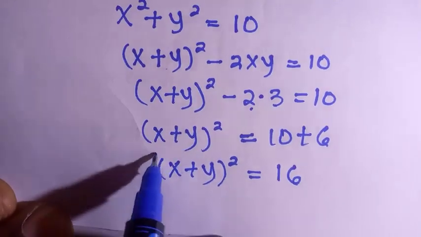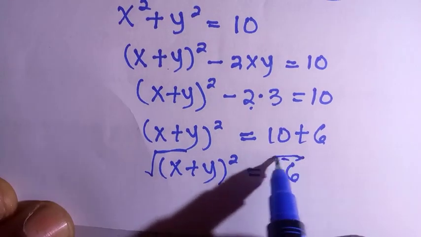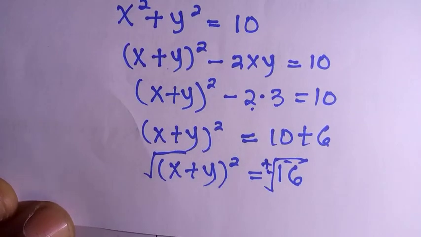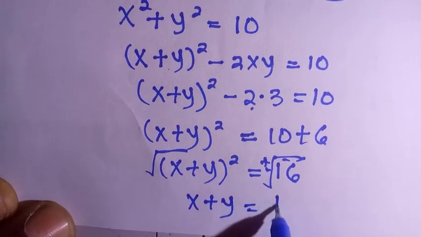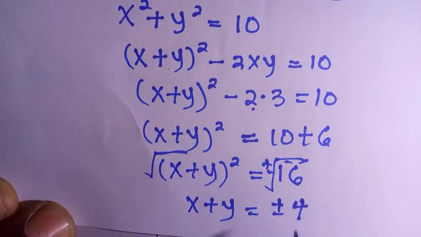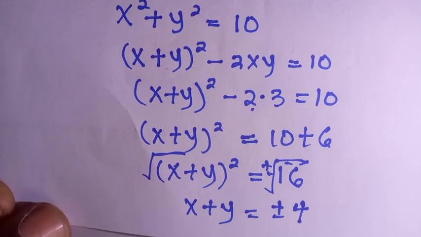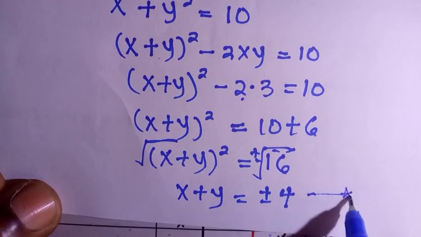Then you can take the root of both sides, and this will take plus or minus, and this reduces to x plus y equals plus or minus 4, as 16 is a perfect square.